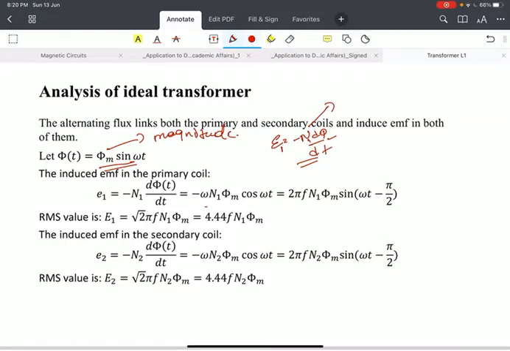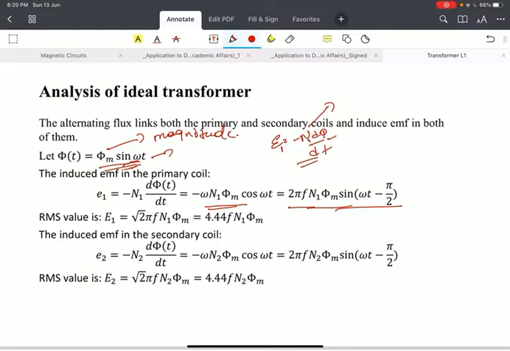The EMF induced can be written as omega N1 phi m cos omega t. That is 2 pi f N1 phi m sin of omega t minus pi by 2. Therefore, the EMF induced will have a phase shift of 90 degrees between the flux and the induced EMF.